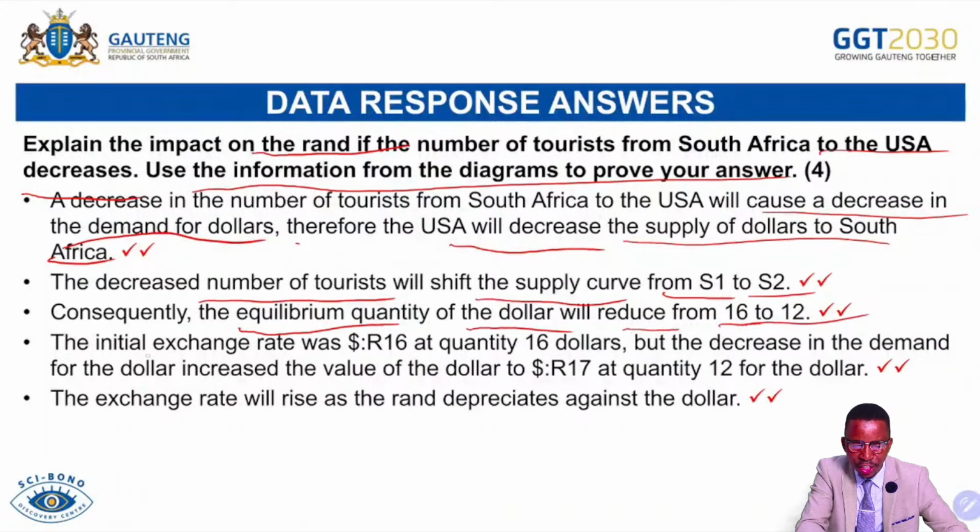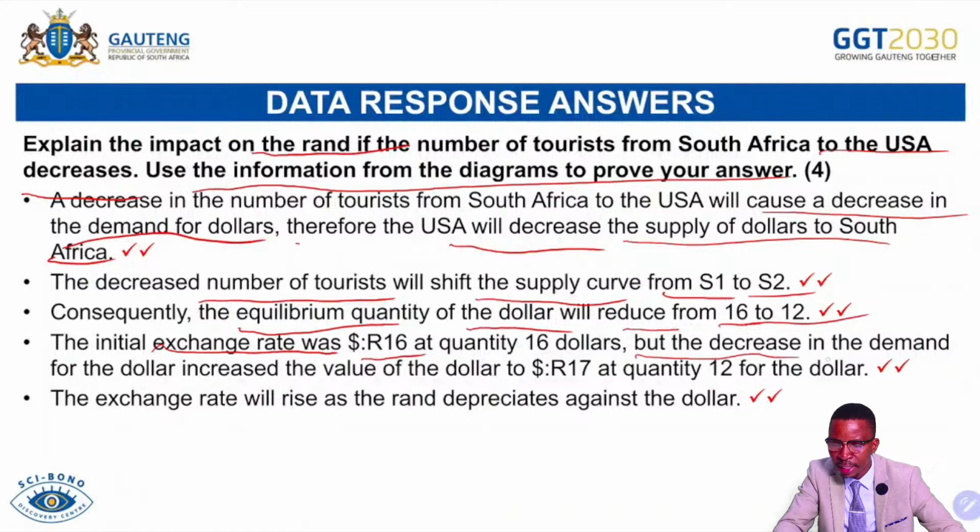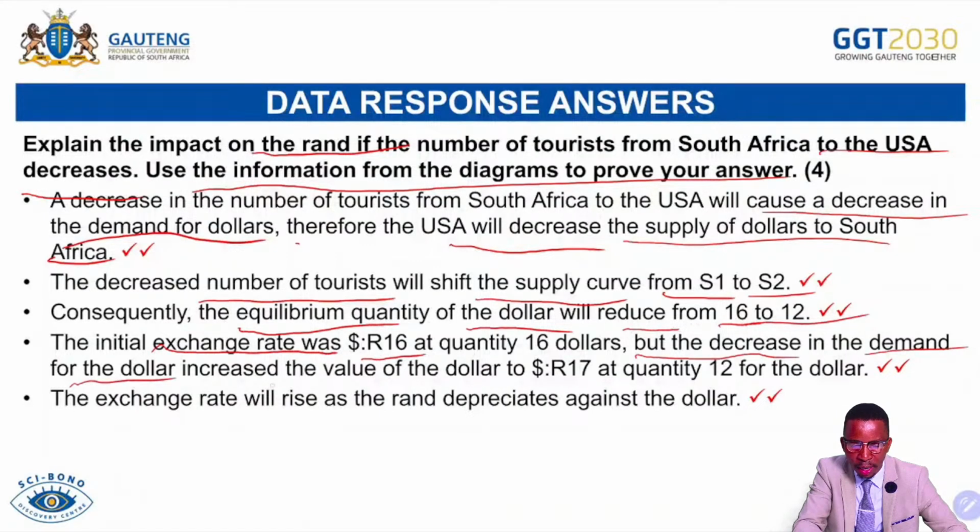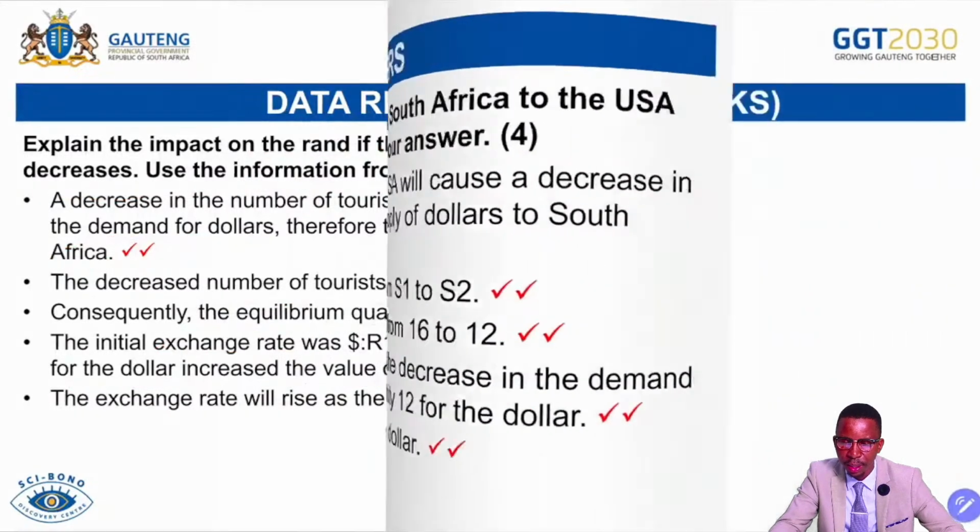The initial exchange rate was 16 rand at the quantity of $16. But the decrease in the demand for the dollar increased the value of the dollar to 17 rand at the quantity of 12 dollars. So the exchange rate will rise as the rand depreciates against the US dollar.